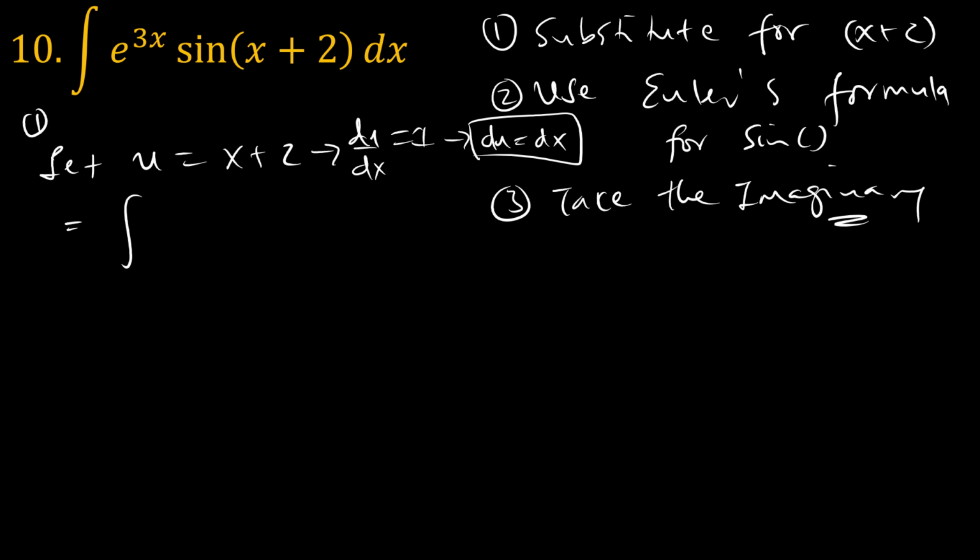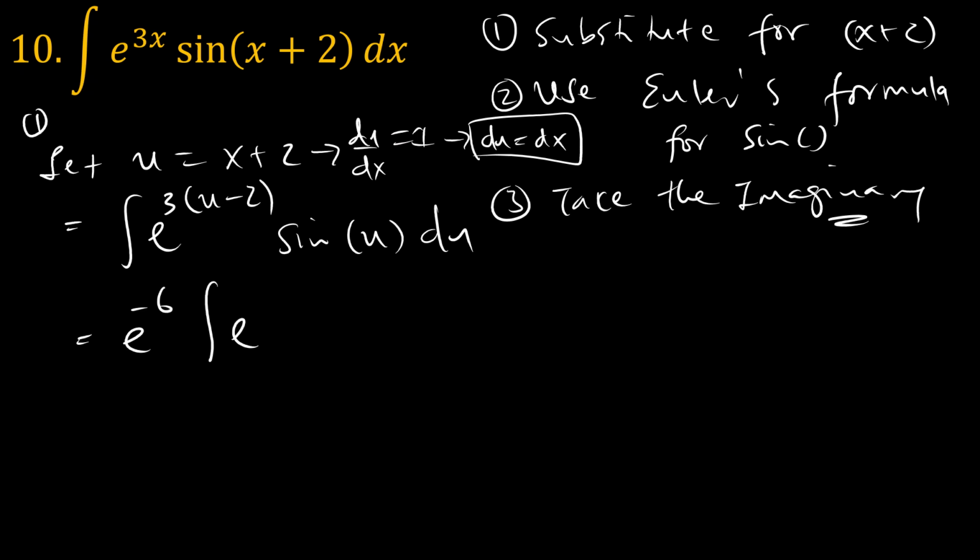So e to the power 3x becomes e to the 3(u minus 2), and then sine u. Okay, so we can pull the constant out: e to the power negative 6, e to the power 3u sine u.